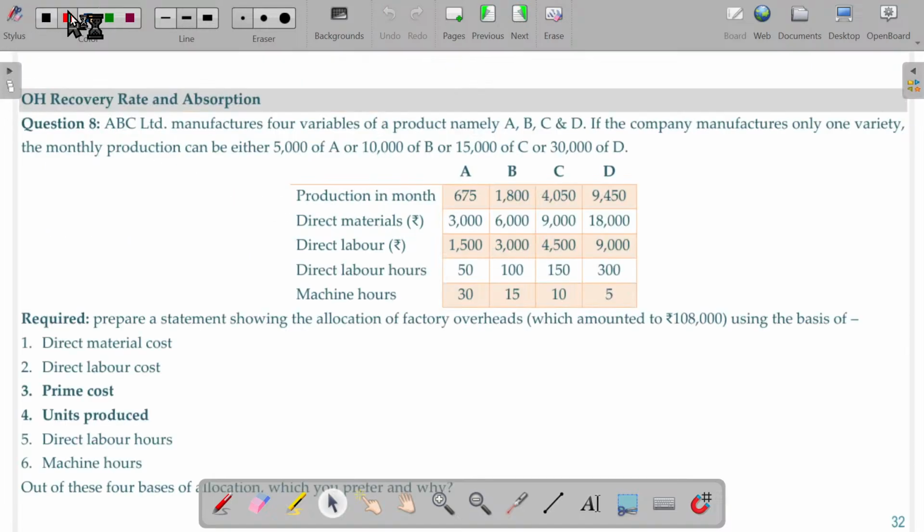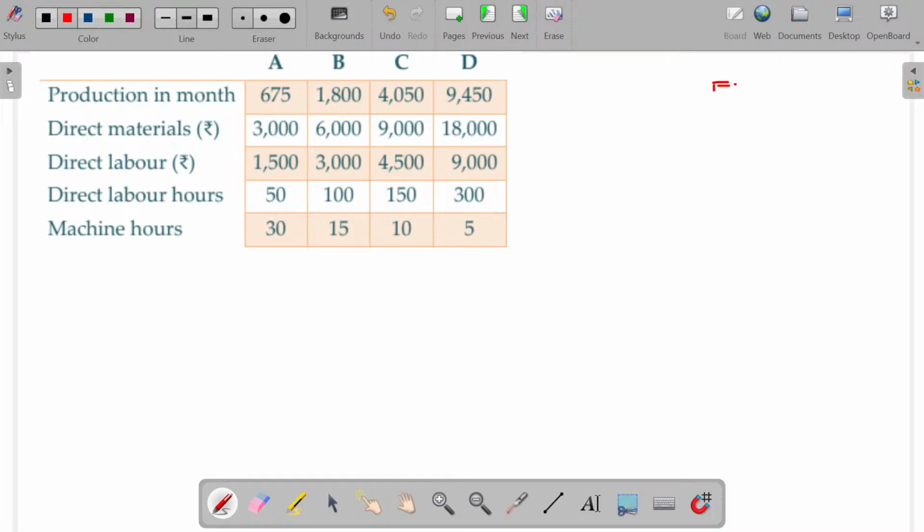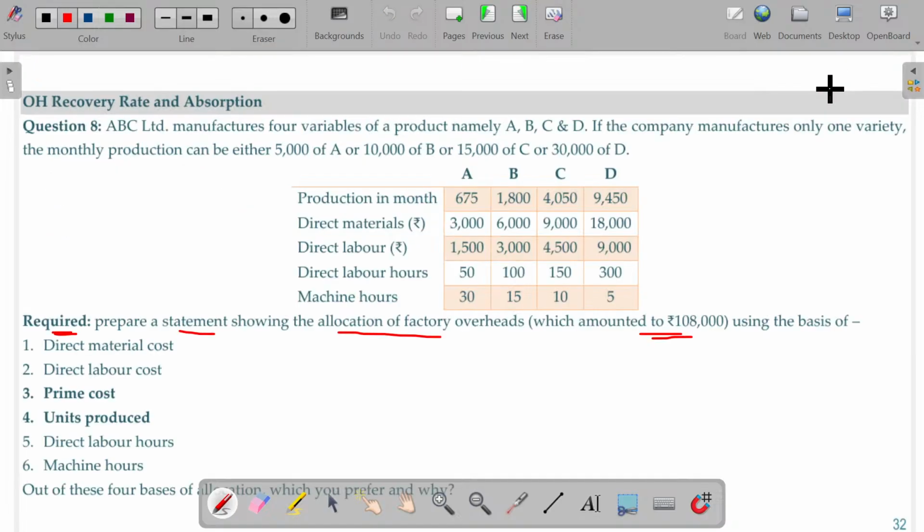Now, what happens here? What are the requirements here? Prepare a statement showing the allocation of factory overheads which amounted to rupees 1,08,000. So factory overhead being 1,08,000. It should be allocated to these 4 departments, 4 products or departments. Under what basis?